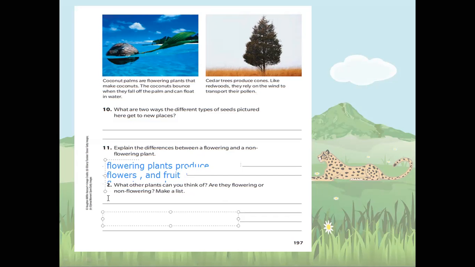Are they flowering or not flowering? For example, I can think about the strawberry, and I think it's flowering as it gives fruit, which is a strawberry. And what else? Maybe the pine tree, that's non-flowering, it gives cones. That's it.